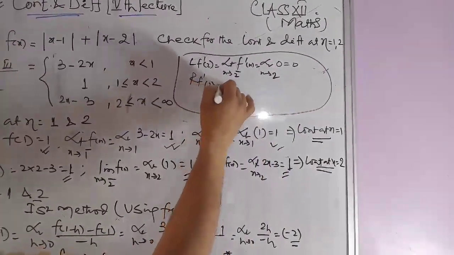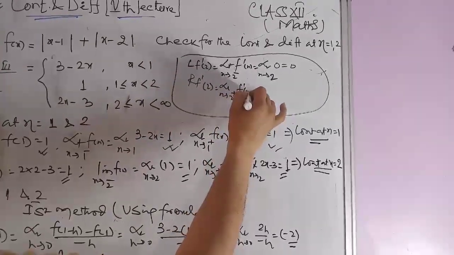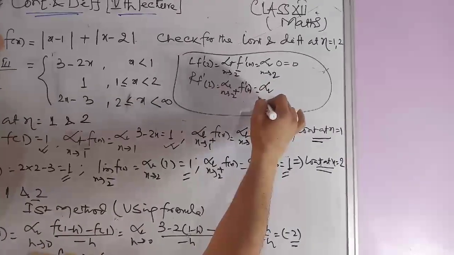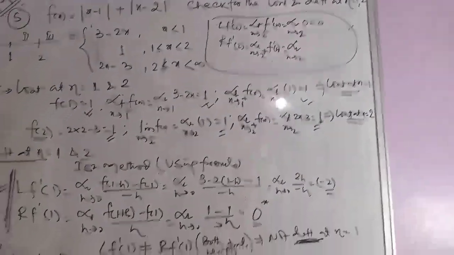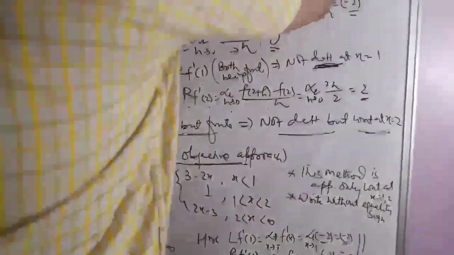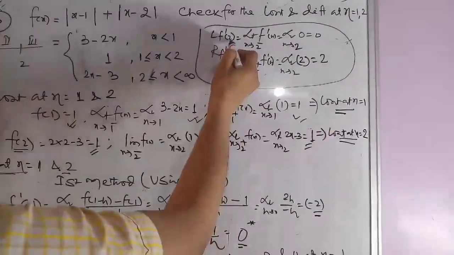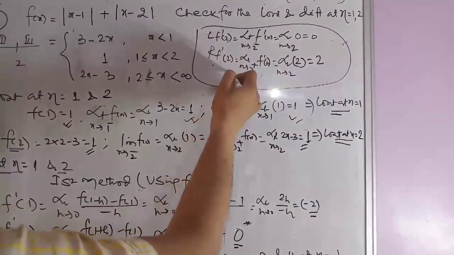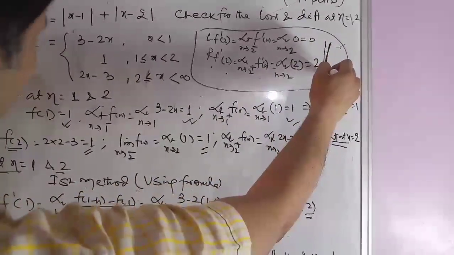And R f dash 2, limit x tends to 2 plus of f dash x, we have f dash x equal to 2 for x greater than 2. We write here 2, so result is 2. Here L f dash 2, left hand derivative at 2, and right hand derivative at 2, both are unequal, so not differentiable at x equal to 2.